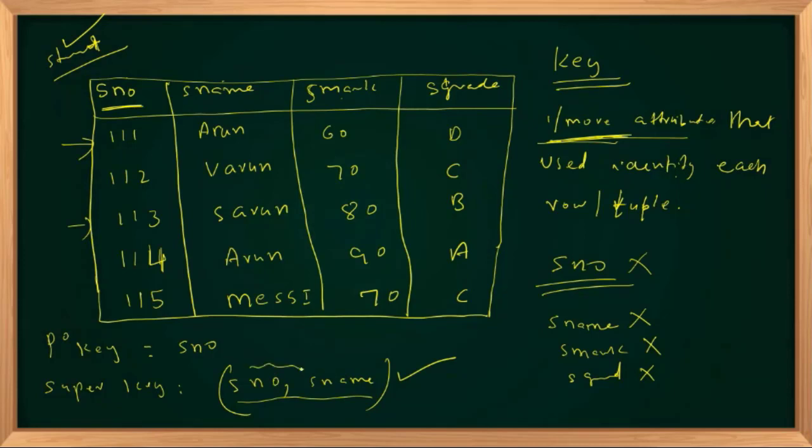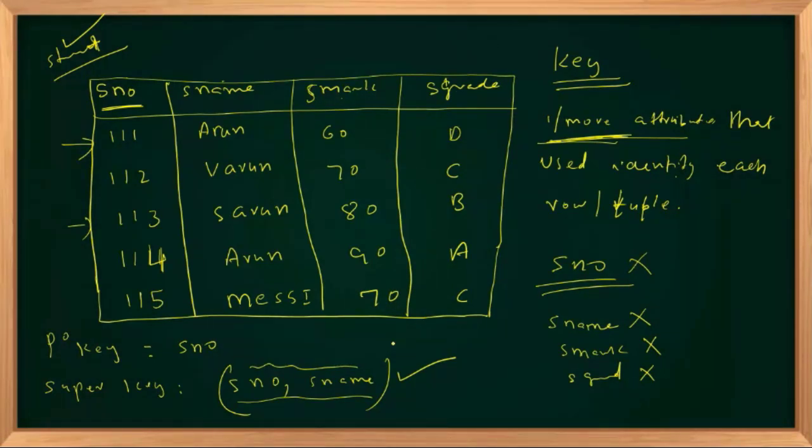Sir, in a super key, can we take the attributes student name and student mark also? Yes, you can also add. So it is not compulsory to add the primary key in a super key?